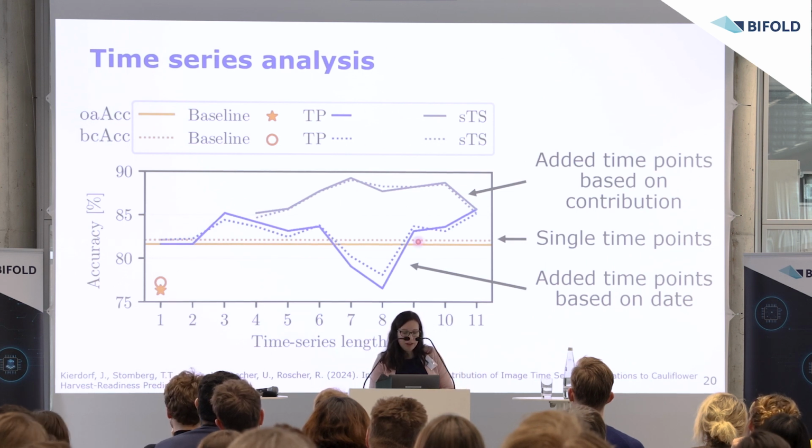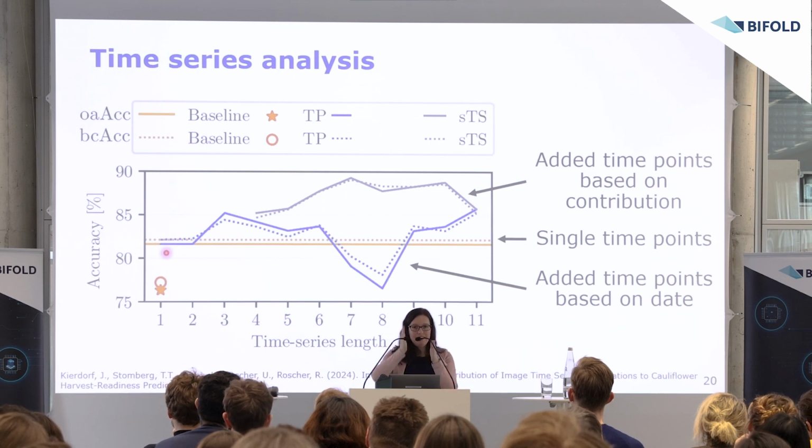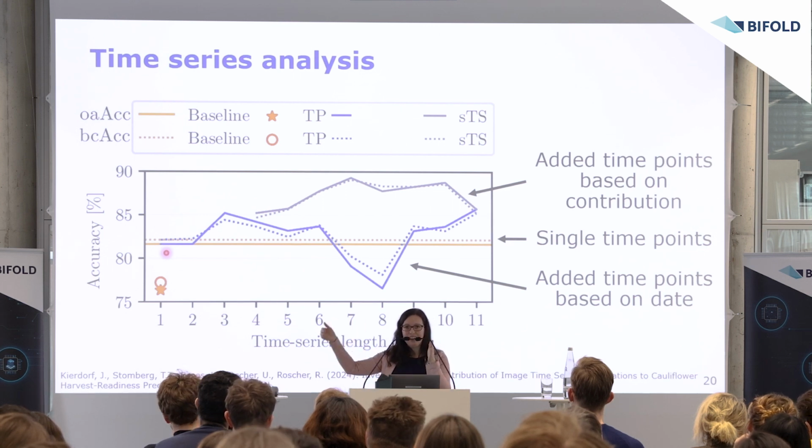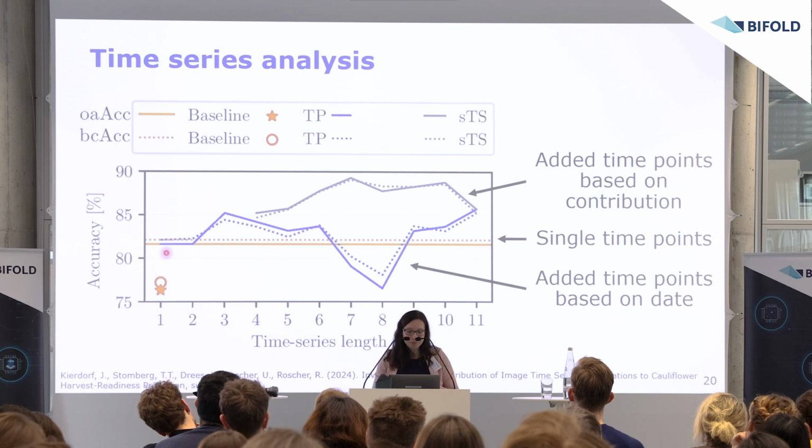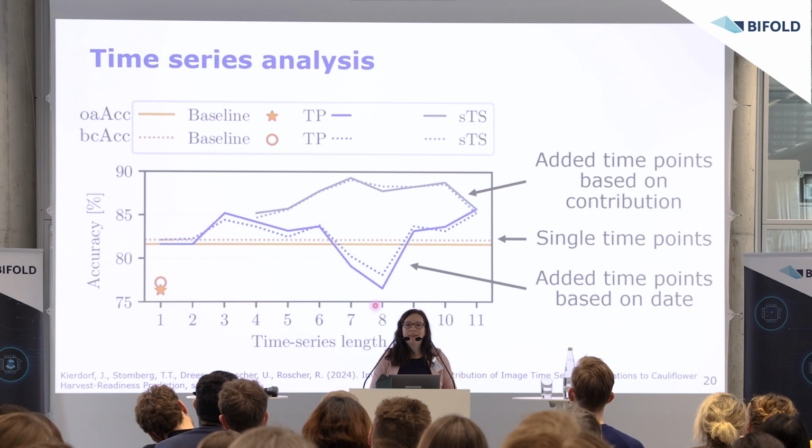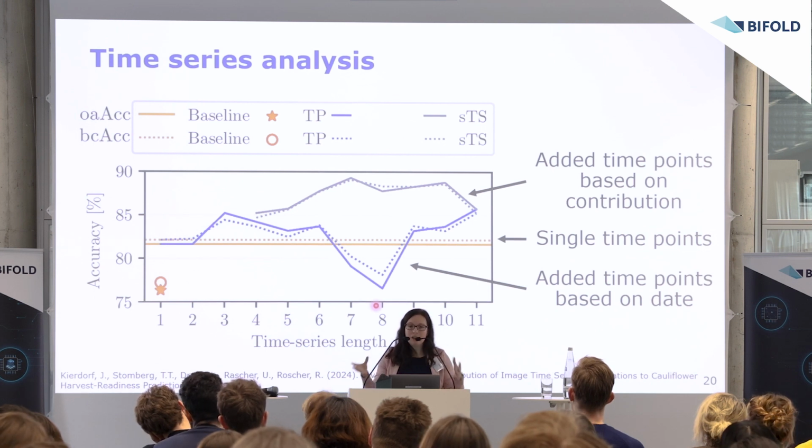And in blue is when you have a time series starting from the very first day, taking the next overflight day, again and again. And what you can see is more is not better. It can happen that you make a time series longer and it confuses the model, or the data is noisy. So it's not always good to just take all the data you have.